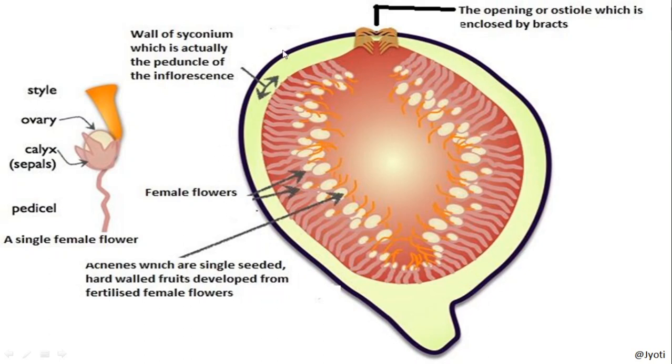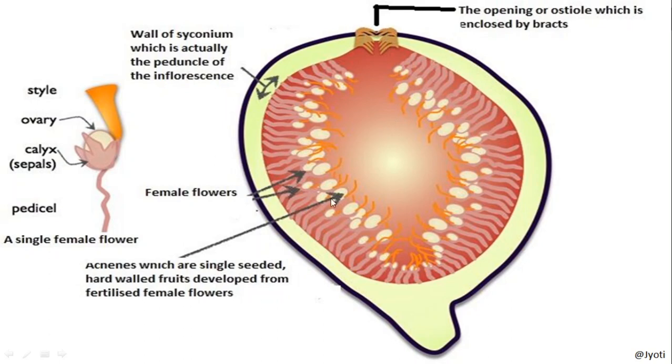The peduncle is modified into a cup-shaped structure, so from outside it appears like a fruit. So this is the longitudinal section of the inflorescence. It completely forms a cup-shaped structure having an opening.